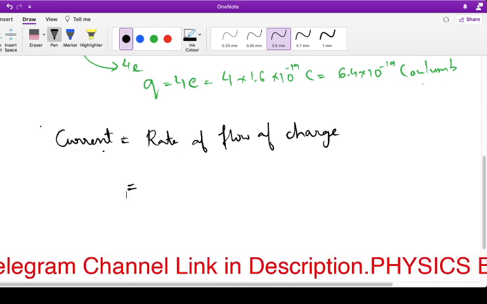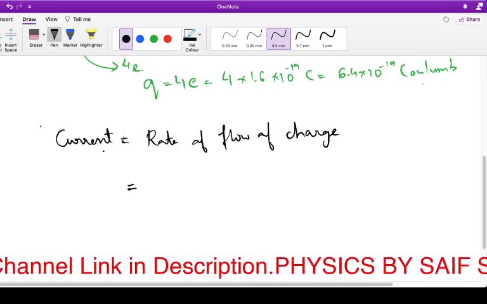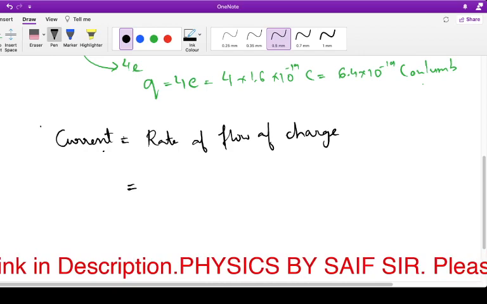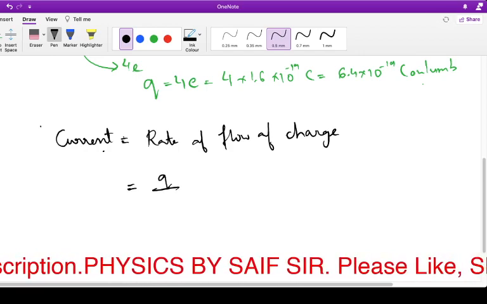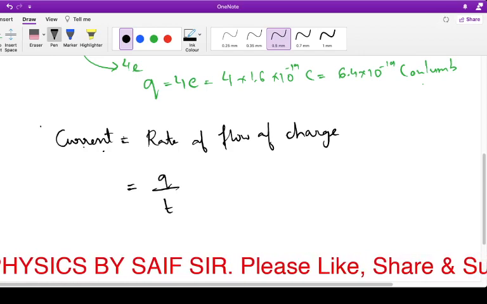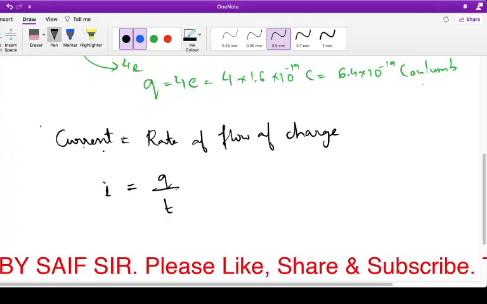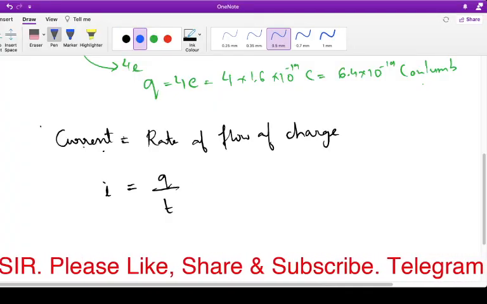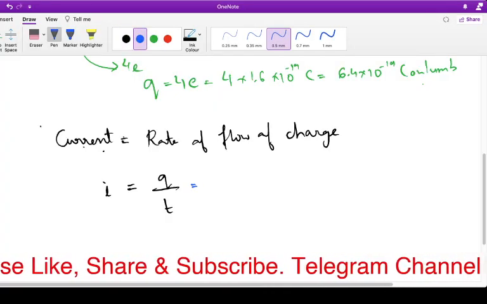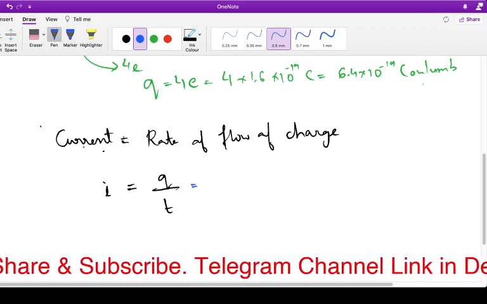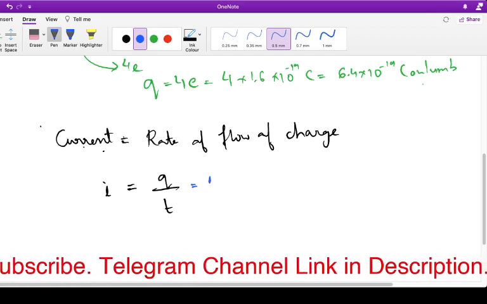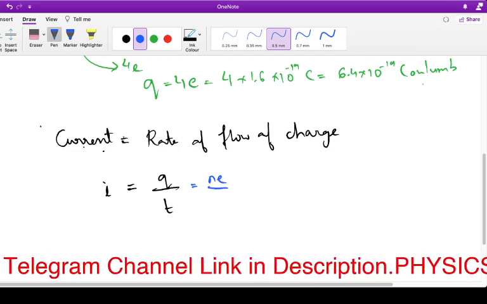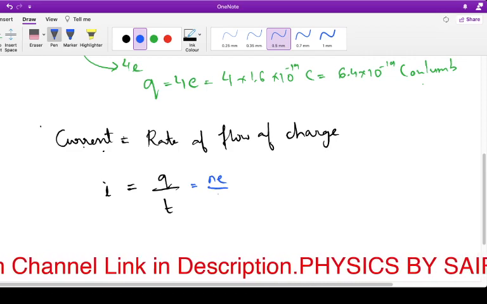So we can write this as the rate of flow of charge. Rate means divided by t, time. So flow of charge is Q by t, and the current we write as I. Q you can write as Ne, the formula of charge you already know, divided by time.